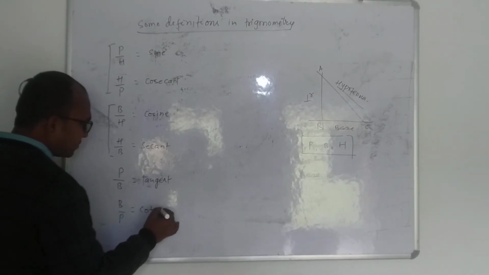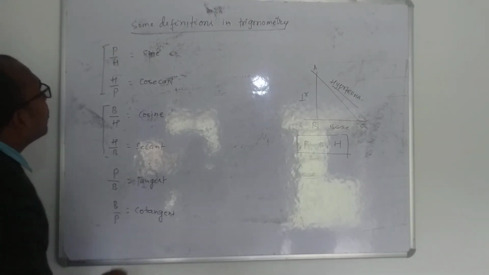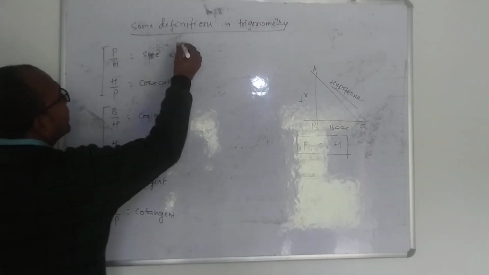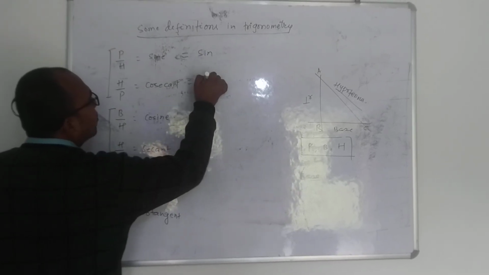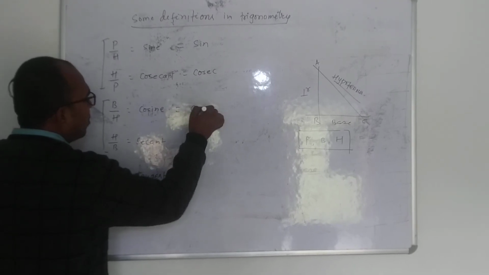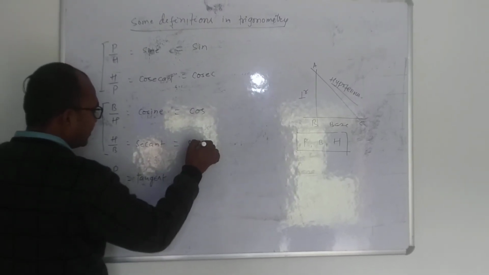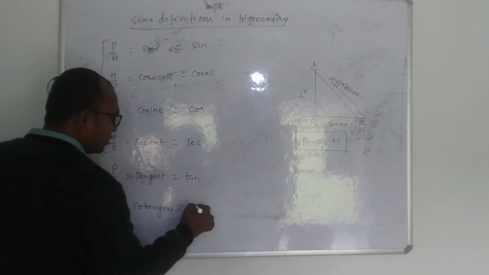Cotangent. Now we may write sine as what? Sin, cosecant as cosec, cosine as cos, secant as sec, tangent as tan, and cotangent as what? Cot.